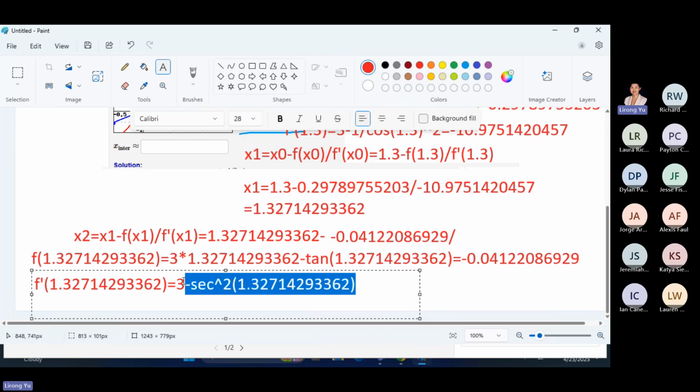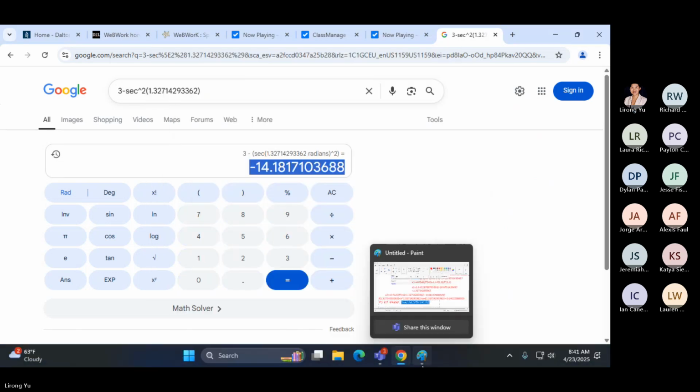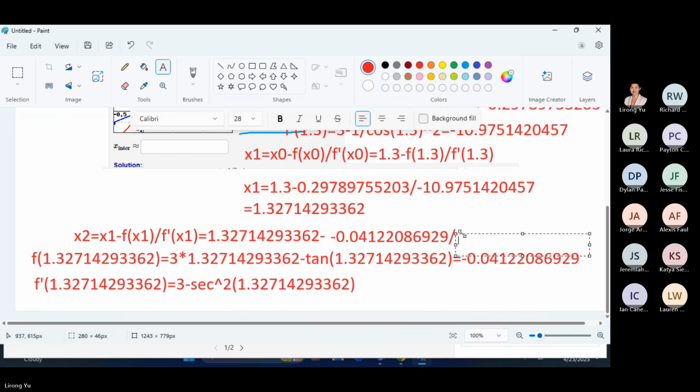Again, if your calculator does not have secant square, you can use 1 over cosine square as our secant square. And then we're gonna put this into the denominator.